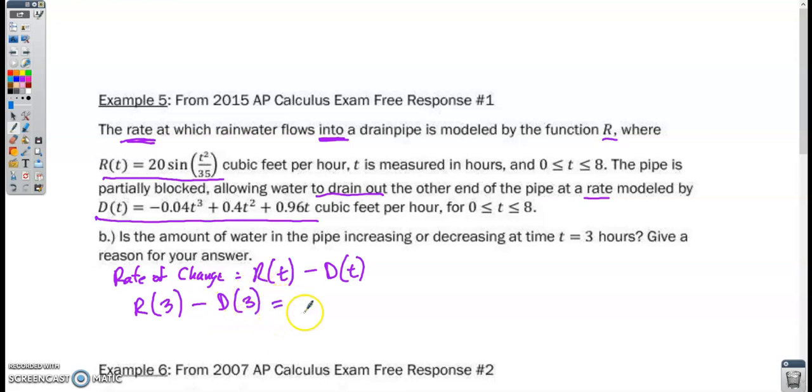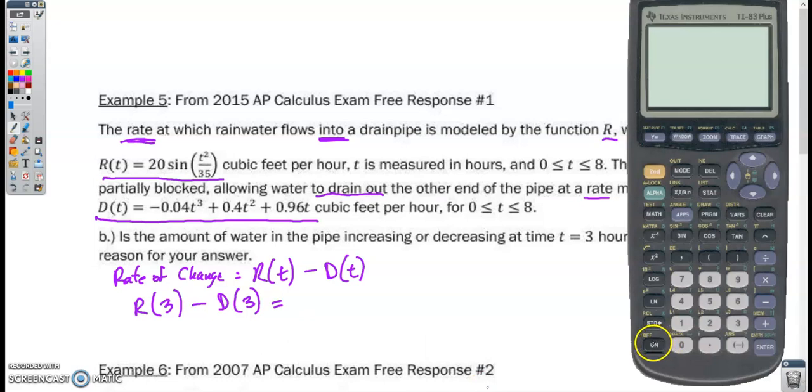I'm going to go ahead and calculate what that is, so I'm going to break out my handy dandy calculator. Come on, calculator, wake up. There we go.